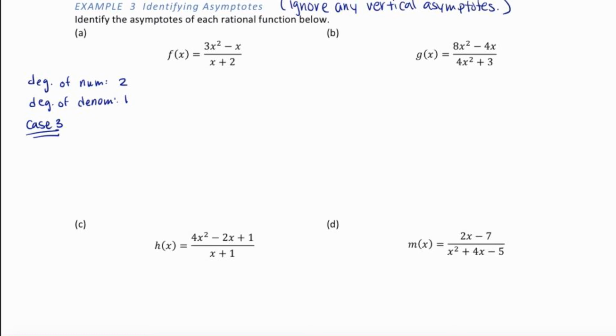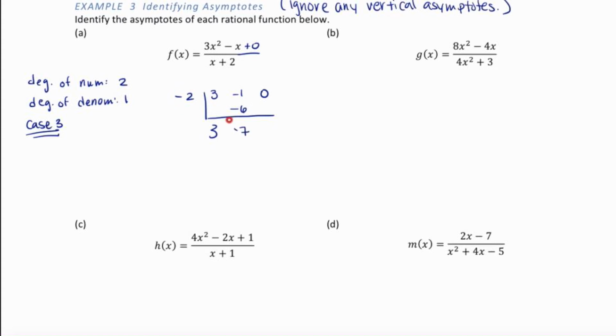In order to do this, we write negative 2 on the outside of our synthetic division setup, and inside we write the coefficients only of 3x squared minus x plus 0. We could write this as a plus 0. We know that 3 comes straight down. Negative 2 times positive 3 is negative 6. This leaves me with negative 1 plus negative 6 is negative 7.